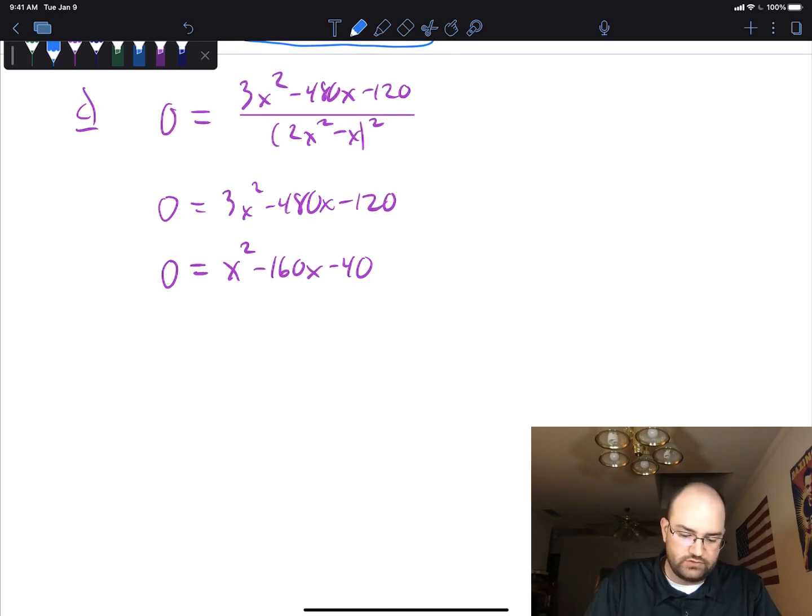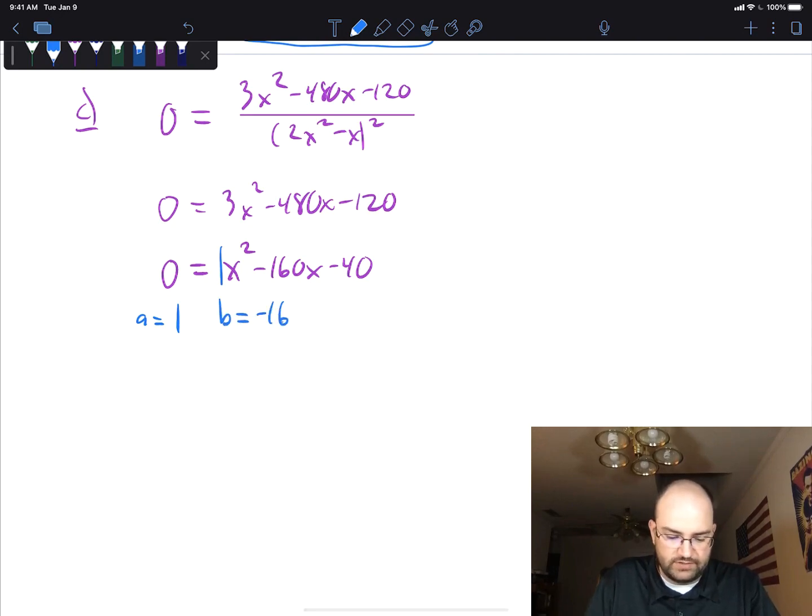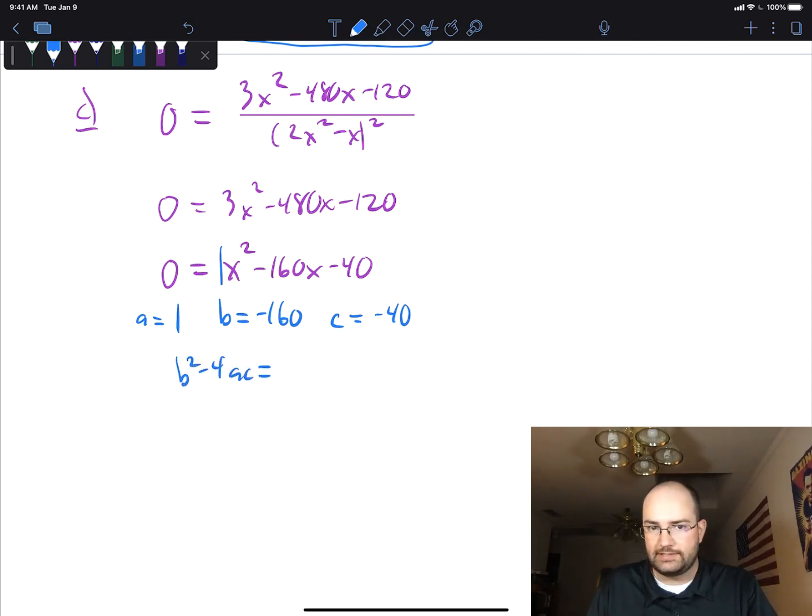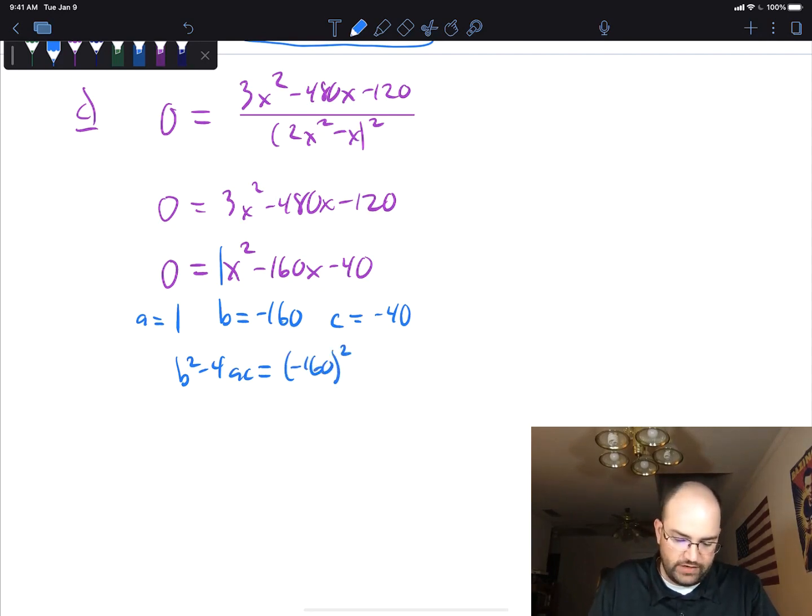So using the quadratic formula, I'm going to let a be 1, b would be negative 160, and c would be negative 40. So b squared minus 4ac would equal what? Well, that would be negative 160 squared minus 4 times 1 times negative 40.